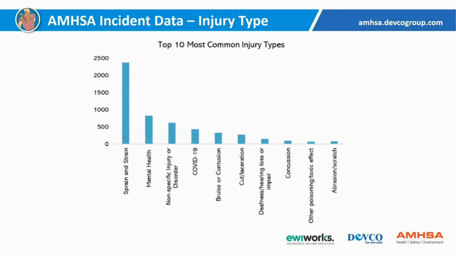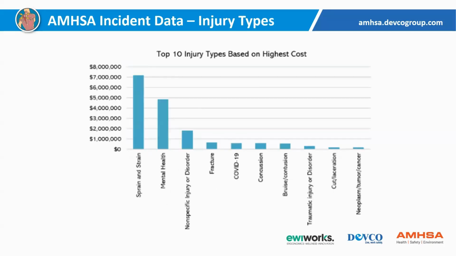And if you look at the number of claims that are sprains and strains versus the next most common, which is mental health type injuries, sprains and strains are almost 3 times the next one, right? And then you can see it trails off from there. So sprains and strains are a very common type of injury.